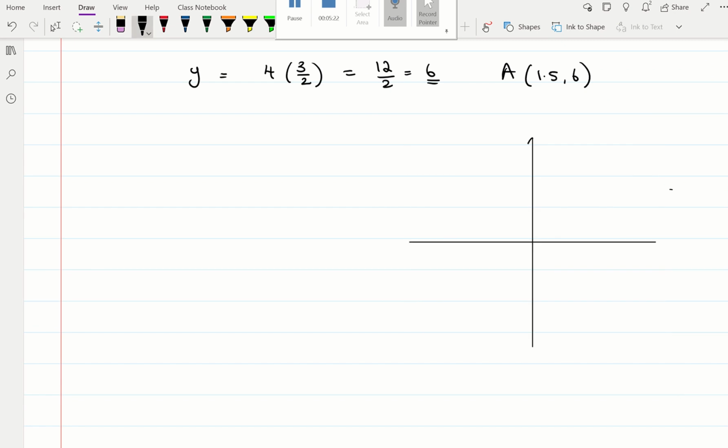So I need a y and an x-axis. I also need to figure out where these lines meet. So 4x equals y. When y is 0, x is 0. So this line goes through 0, 0.